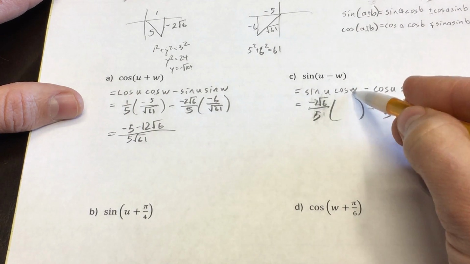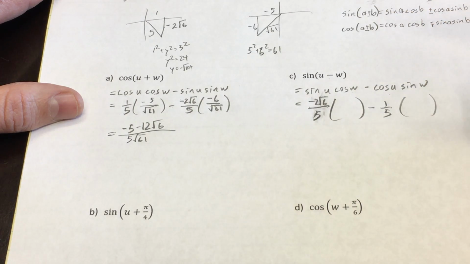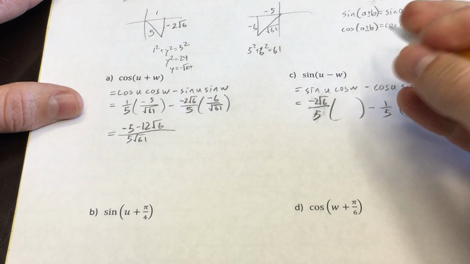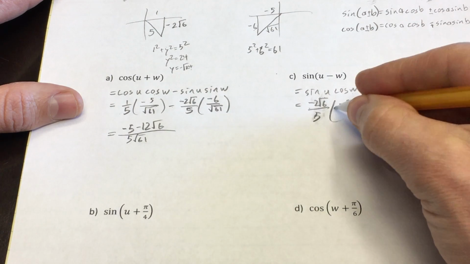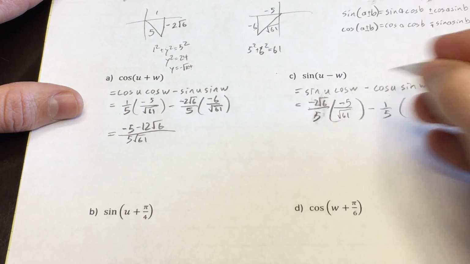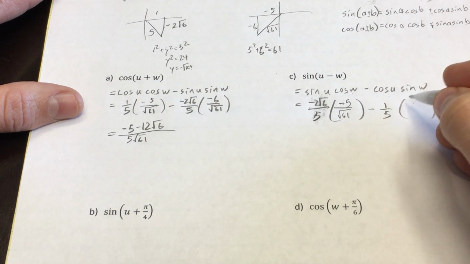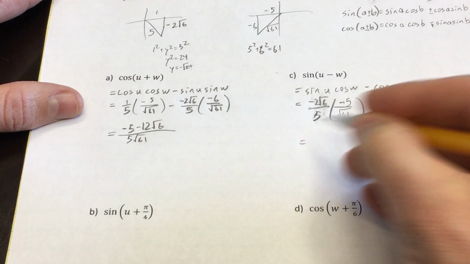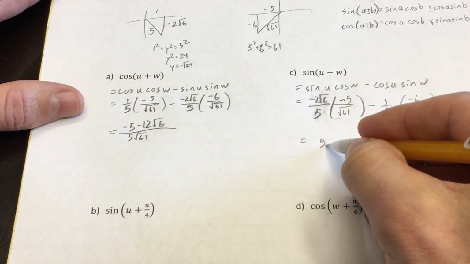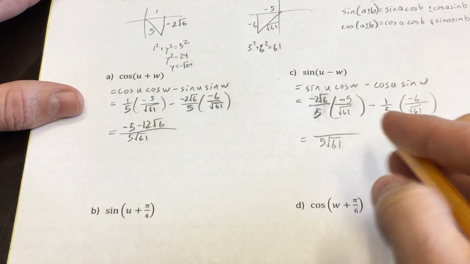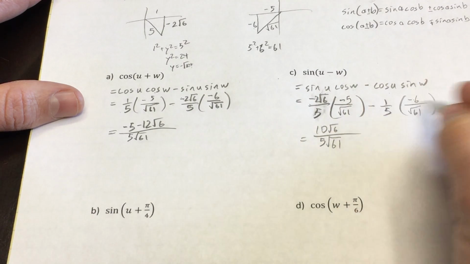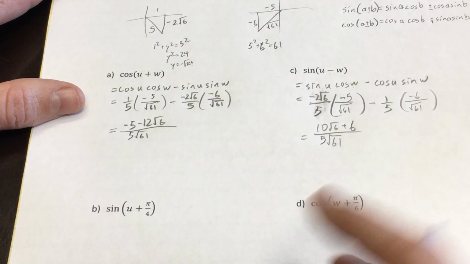The cosine of w is negative 5 over root 61, and the sine of w is negative 6 over root 61. So what's that come out to? Well, the denominator is 5 root 61 again. This is going to be 10 root 6 plus 6.